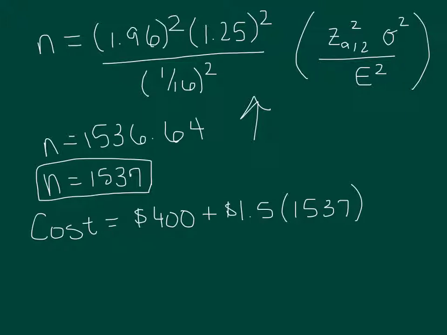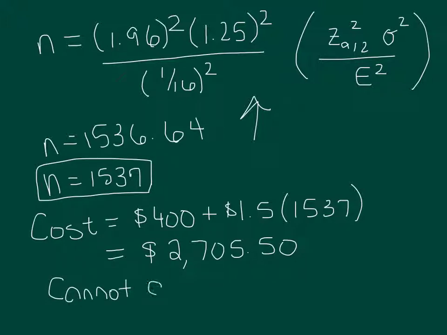We have to weigh 1,537 newborns. If you multiply all of that out, it's going to cost us $2,705.50. So we cannot afford this particular sample that's required to do the research to the conditions that we have so far in the problem.